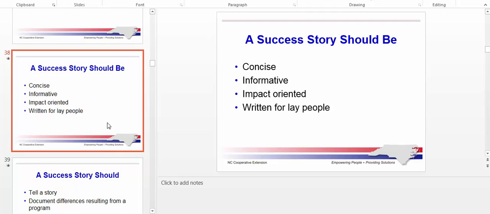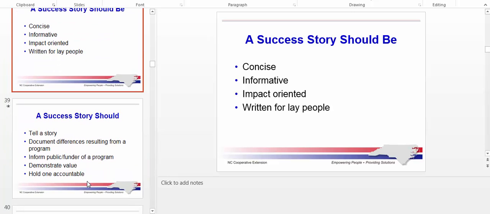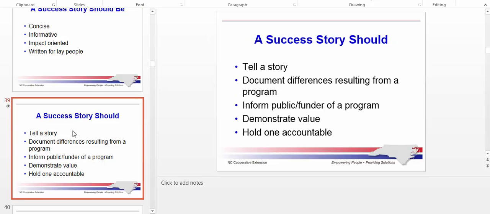Success stories should be concise, informative, impact-oriented, and written for lay people. A success story should tell a story, document differences resulting from a program, inform public funders of a program, demonstrate value, and hold one accountable.